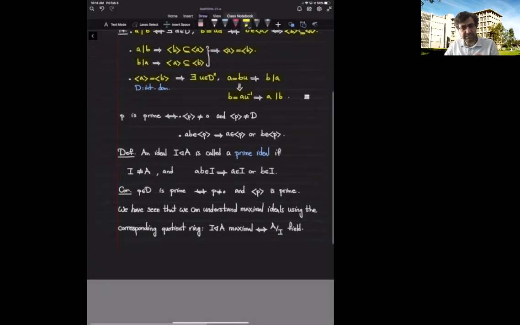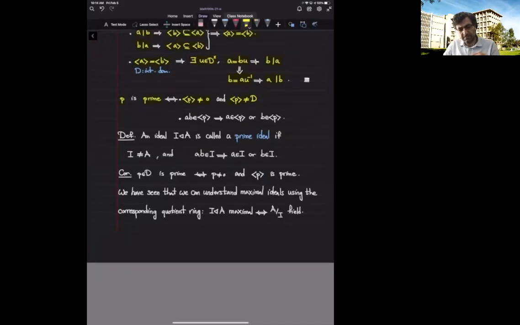Now let's try to understand the implication for prime elements. An element P is prime by definition when, first of all, the element is not zero, which is the same as saying that the principal ideal generated by P is not zero. Second, P is not a unit. Not being a unit is equivalent to saying that the ideal generated by P is a proper ideal, not the entire ring. So far we could translate all the conditions into the language of ideals.